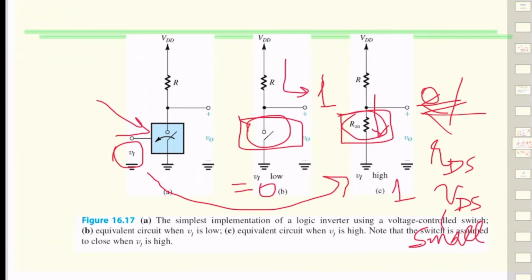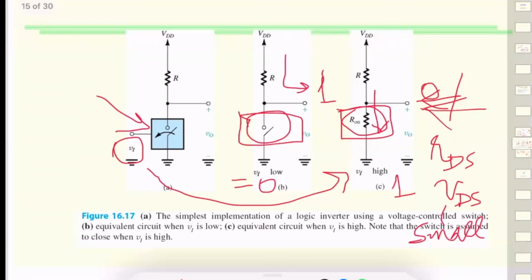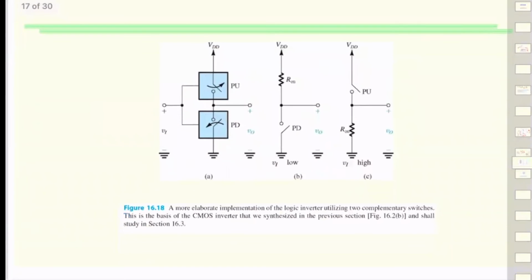And again, now this can be a pull-up network and pull-down network, and we look at what would be the situation. So we have just made a blue box, without going into what's happening inside, but we are looking at the implementation of the inverter itself. So it can be implemented with a network of pull up and pull down networks as well.